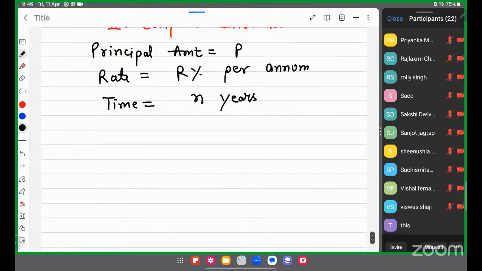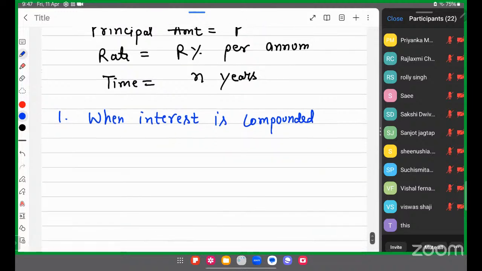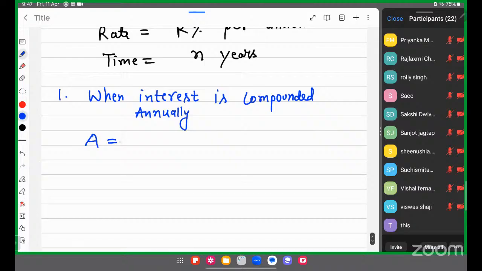So we will calculate the interest first part. When interest is compounded annually, in that case the amount A will be P in bracket 1 plus R by 100 raised to power n.